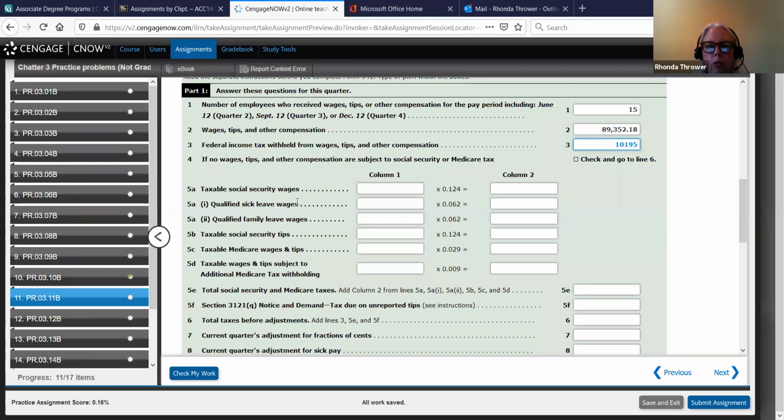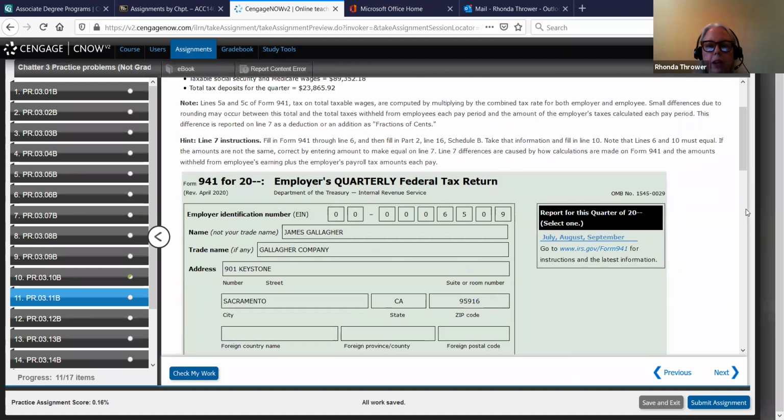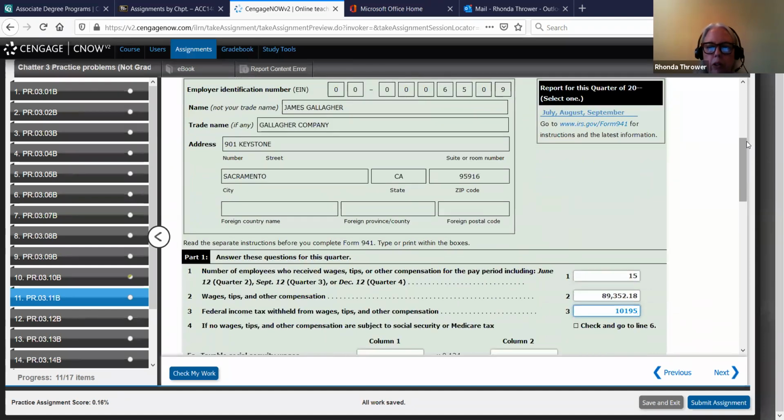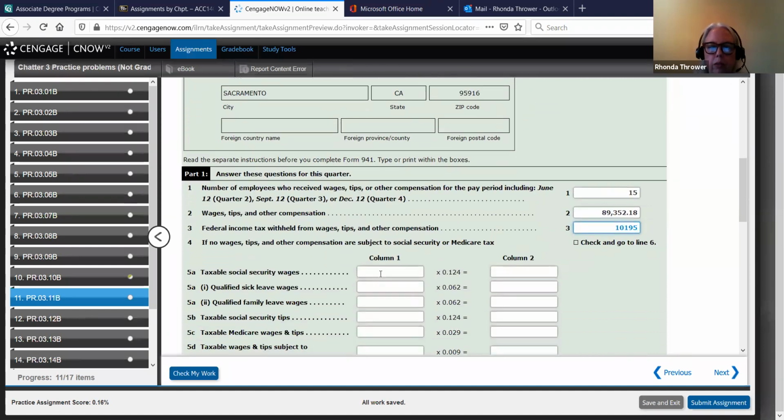So we're going to move on to line 5A. 5A is asking for taxable Social Security wages. Since it didn't tell us otherwise, all of our wages paid were subject to the taxes for OASDI. That would be $89,352.18. That's going to be put in column 1.